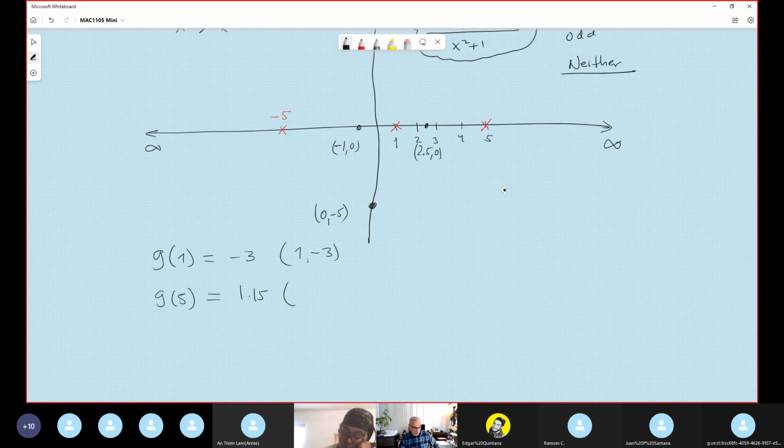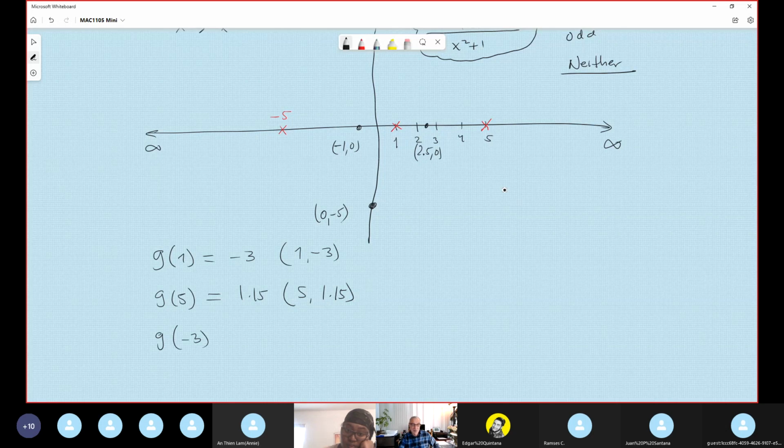This is 5, 1.15. This is just plugging into the original expression, no? And the rest is arithmetic using a calculator.